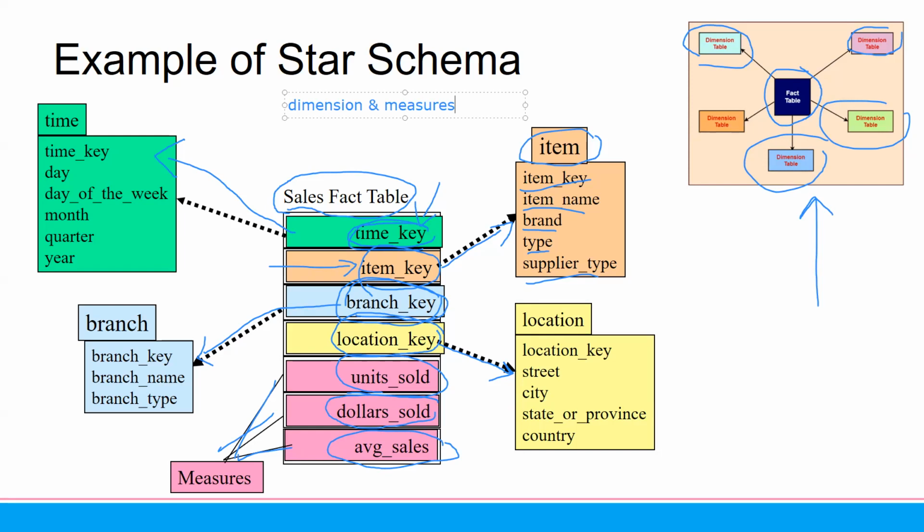A dimension is related to a table that you already stored in your database, but a measure is only about how you define the numbers, maybe the price or the sales, and so on.